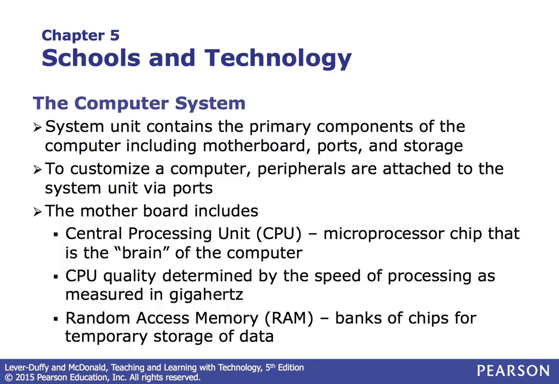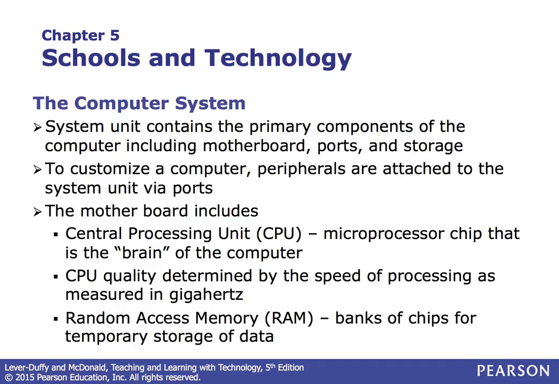The computer system itself contains the primary components, including the motherboard, ports, and storage. The ports are all the wires that come out of your computers. They are known as ports. The motherboard is a series of different components on a chipboard, and they can include storage units in those.